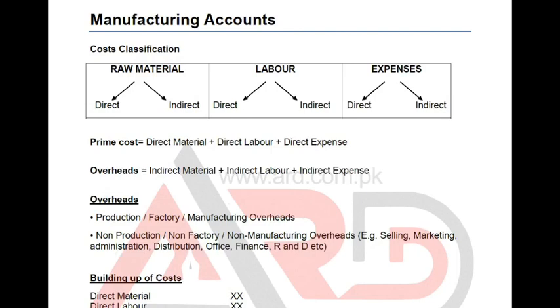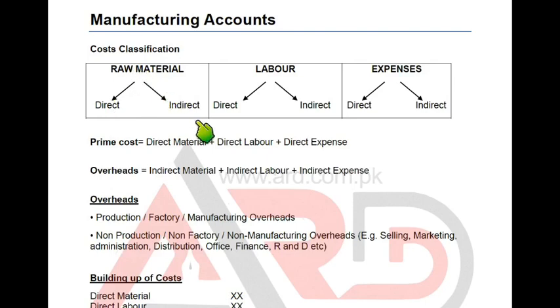If you ask a carpenter who is making chairs how much wood, meaning how much quantity or kilograms, is being used in a particular type of wooden chair, he will be able to tell you from his experience that this much wood is being used in that particular type of chair. So wood is a direct material because it can be traced.